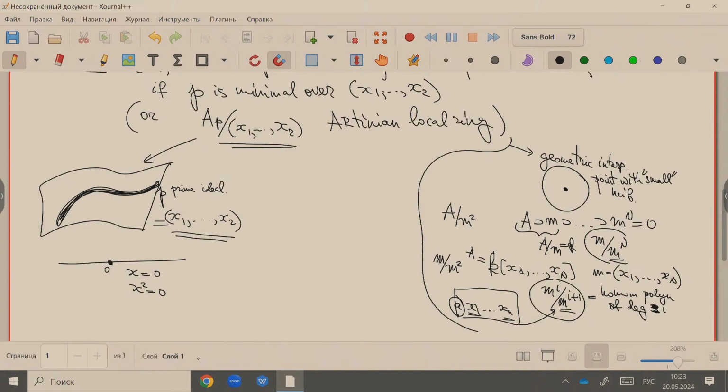And it looks like saying that it is Artinian. We have the following data: a point on this prime ideal plus some additional information about the infinitesimal neighborhood of this point.